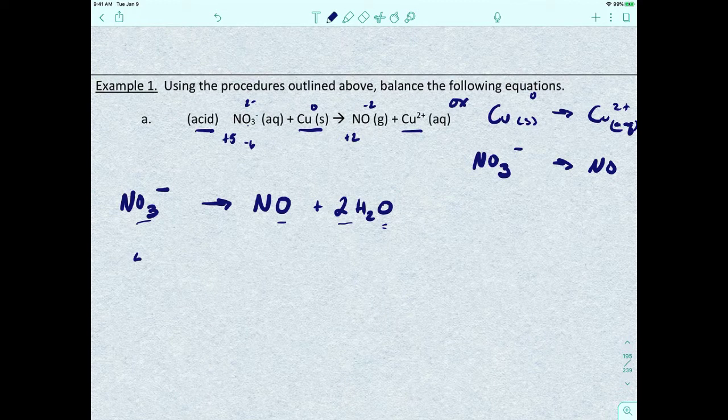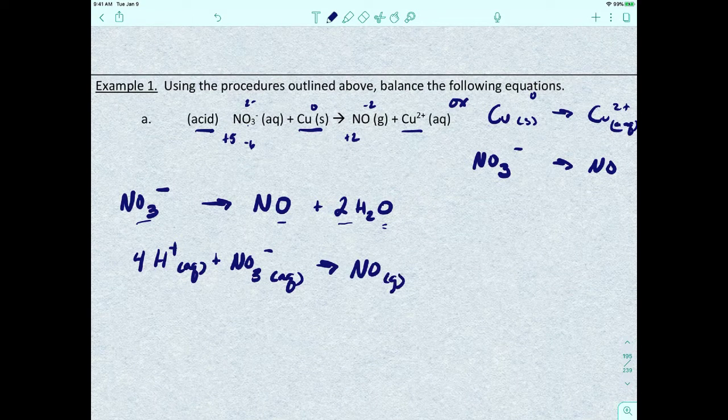So I'm going to rewrite this equation now. 4H plus aqueous, plus NO3 minus aqueous, yields NO, which is a gas, plus 2H2O. All right, so we're good. Now the oxygens are balanced, and now the hydrogens are balanced.